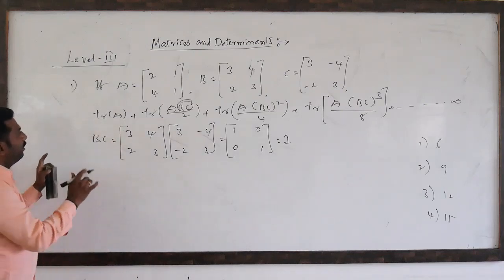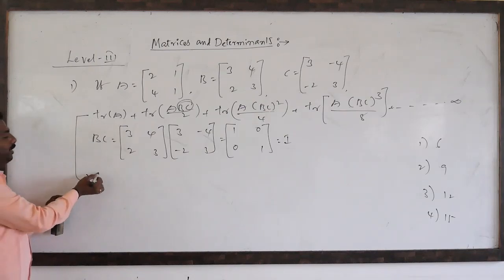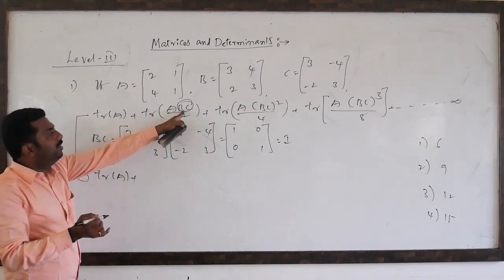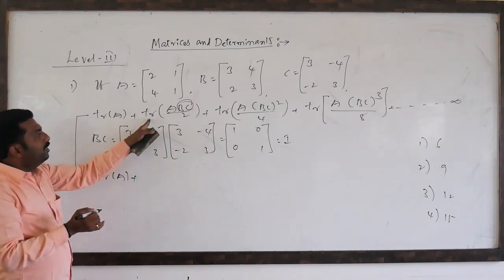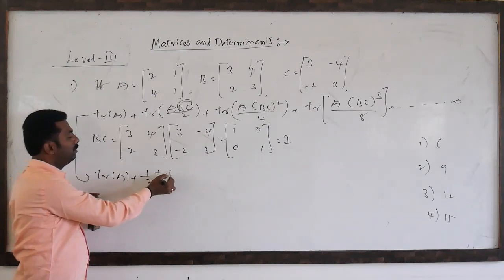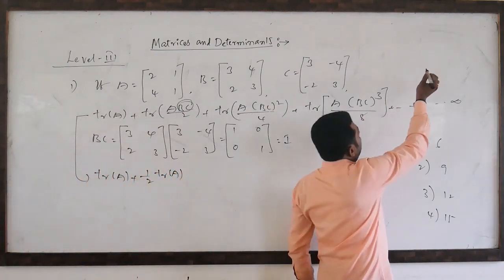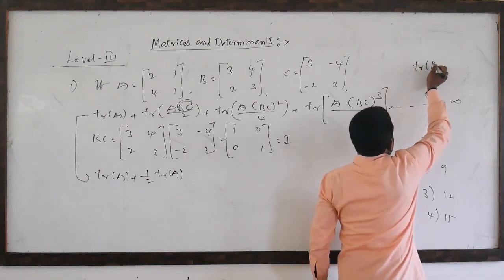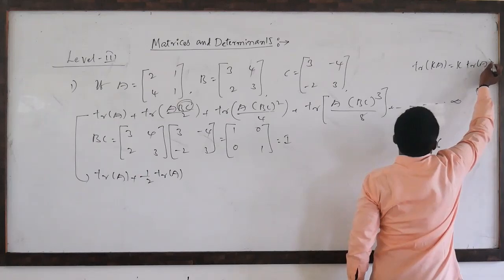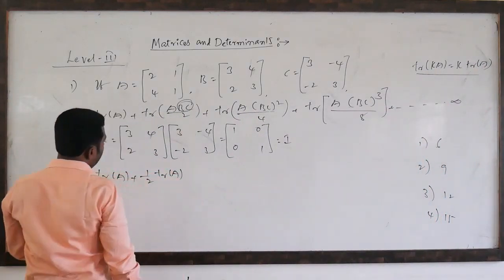So BC is the identity matrix, so what I have to write in this expression: trace of A plus BC, identity matrix, means trace of A by 2, nothing but 1 by 2 into trace of A, because of one property: trace of K into A is nothing but K into trace of A. Any constant that is there, we can separate it.